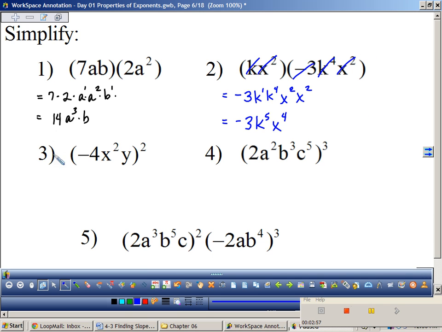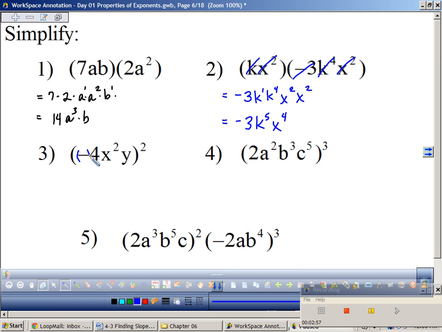Okay, so let's do this one. This is a quantity in here, right? In front of this 4, there's a negative. So that negative is its own constant. It stands for a -1. Correct? So this is saying this time, I have everything in here, and I'm going to multiply it by itself 2 times.